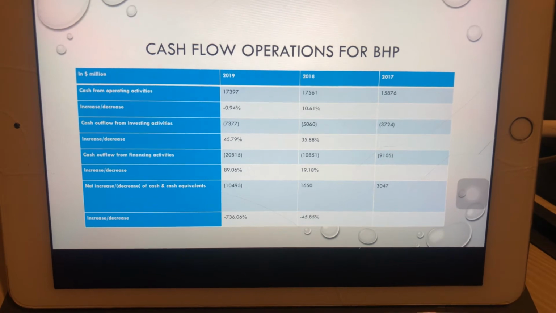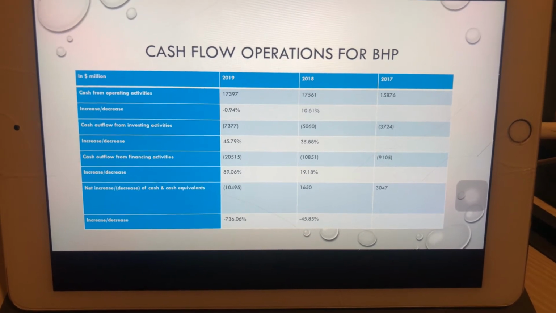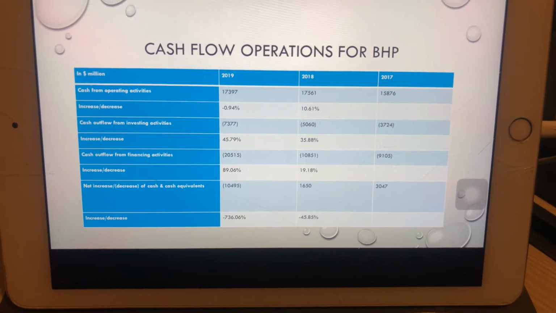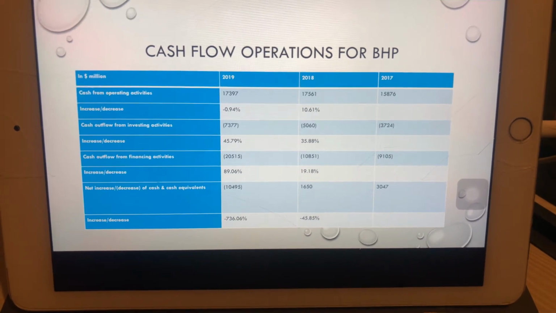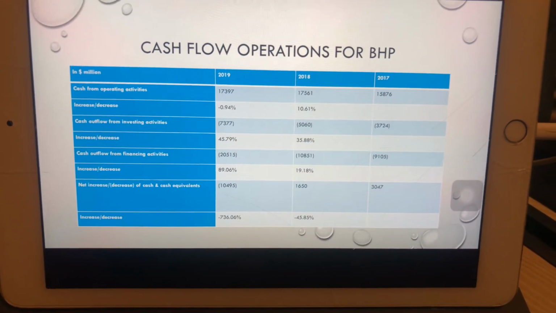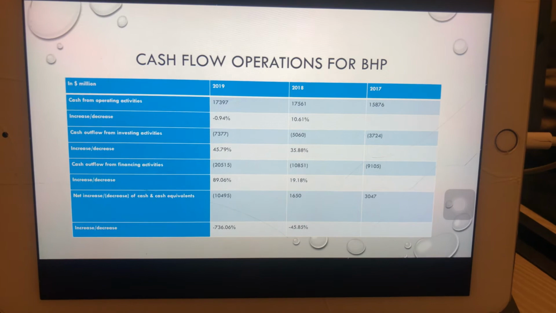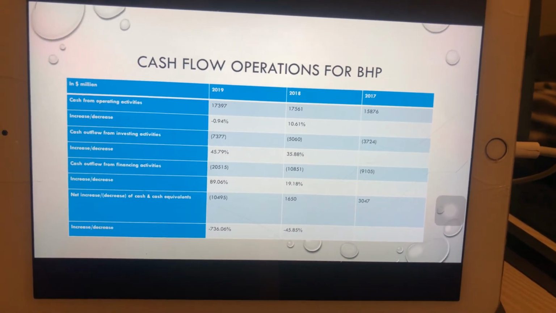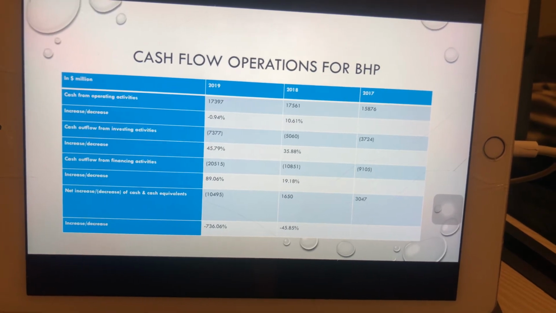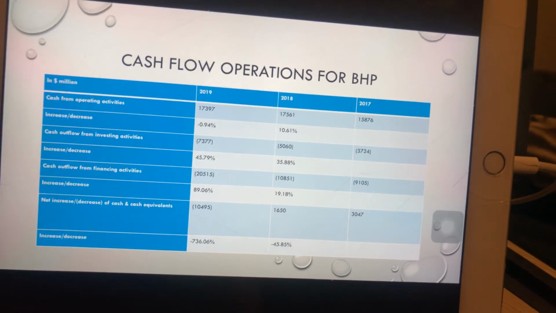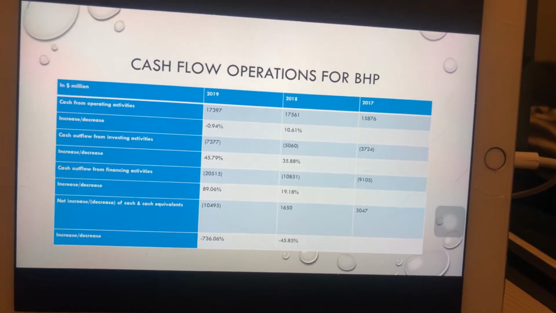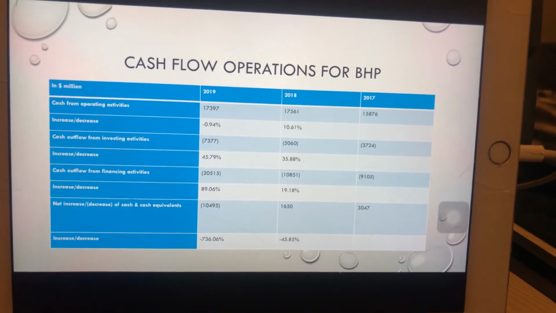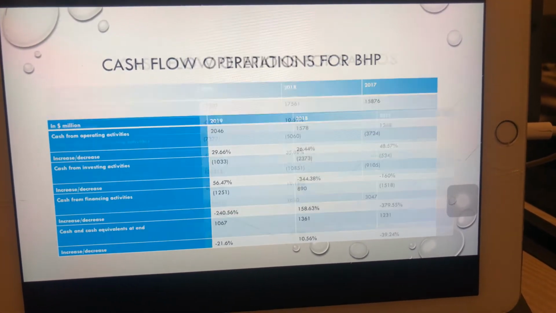Though the net decrease in cash and cash equivalents in 2019 from continuing operations is $10,495, yet the net cash and cash equivalent at the year end is $15,593 due to the proceeds from the divestment of onshore US.